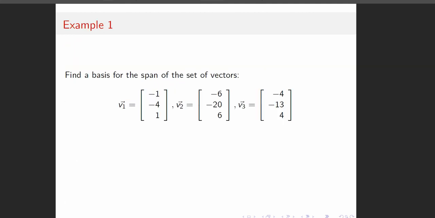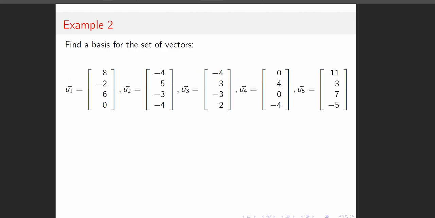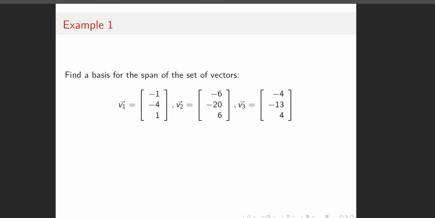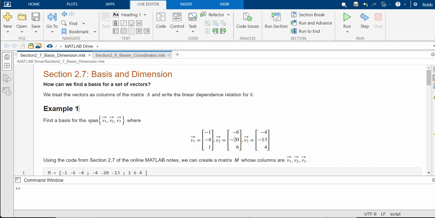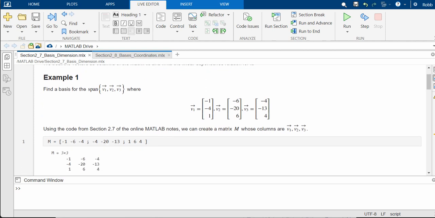Okay, so this is the example from the section in the online notes. All right, so we have these three vectors. V sub 1 is -1, -4, 1, and so forth. You see V2 and vector V sub 3. And let me jump over to MATLAB. Okay, so again, I just have the list of vectors right here.